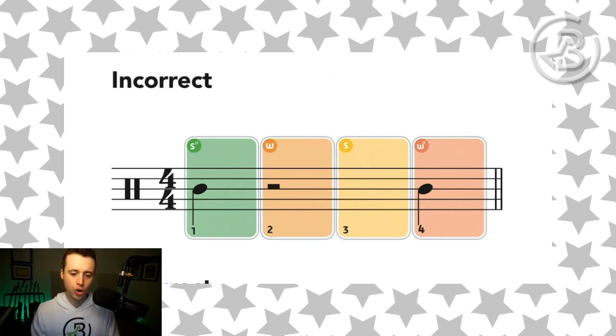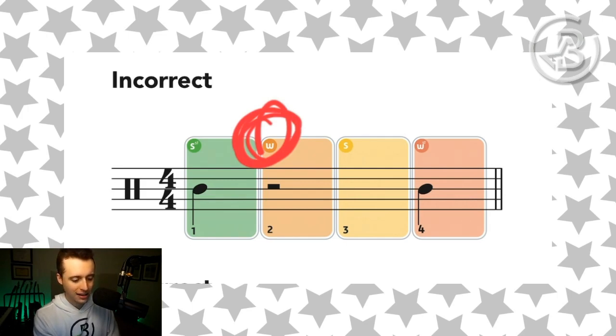And then also, rest rule number 2, we cannot start a rest on a weak beat and then have it last into another beat. So anytime you want to have a rest on a weak beat, it's most likely going to be a quarter note because that rest cannot continue on into the next beat.